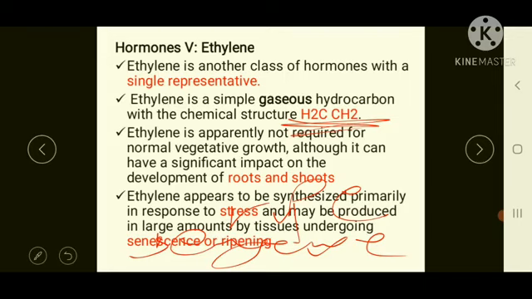So, ethylene appears to be synthesized primarily in response to stress and may be produced in large amounts by tissue undergoing senescence or ripening.